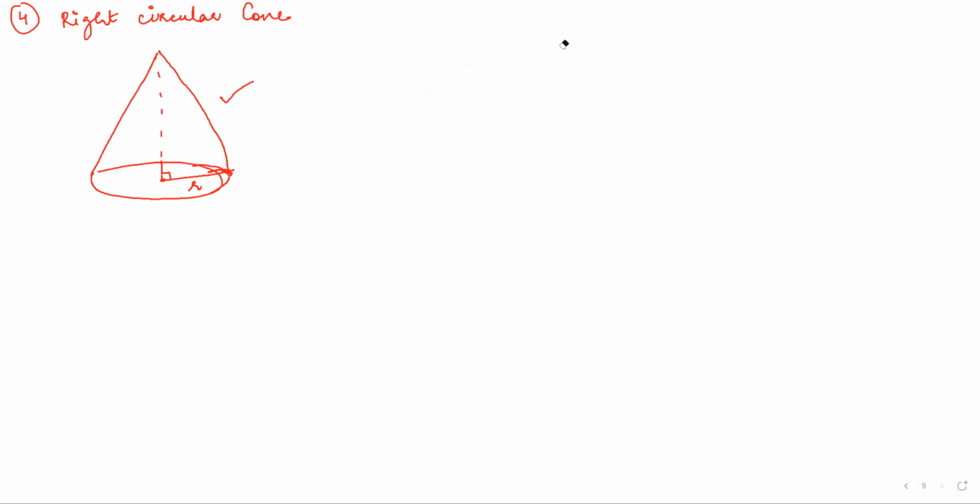Now, there is one thing you have to mention here. This is r and this is the height, the straight one. And this one, the slope, is called the slant height. It is represented by small l. So this is something new.